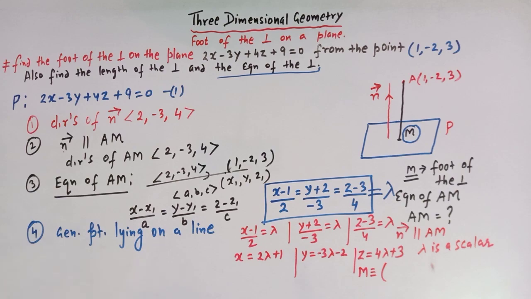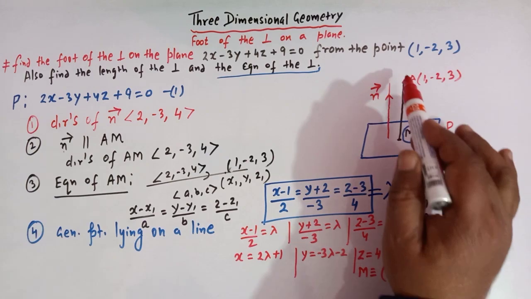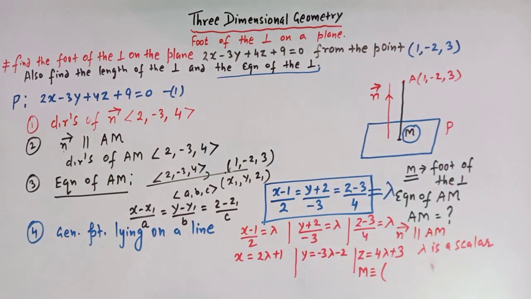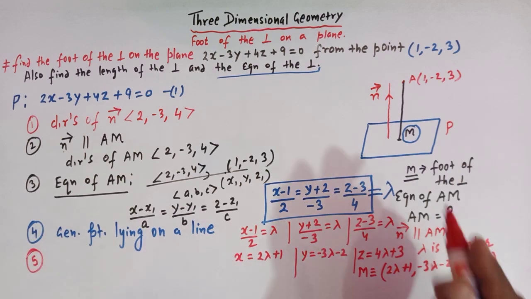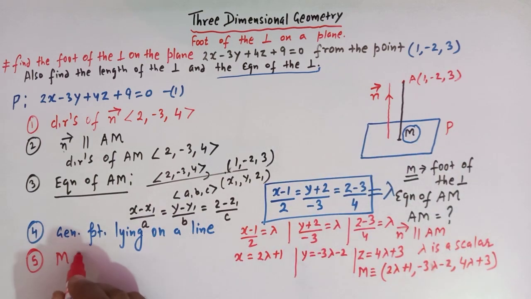We have to find that value of lambda. So M has 2 lambda plus 1, minus 3 lambda minus 2, and 4 lambda plus 3, right?